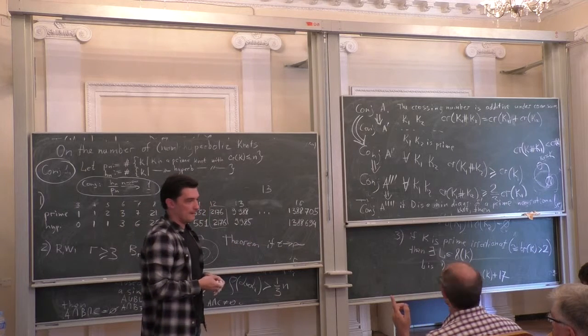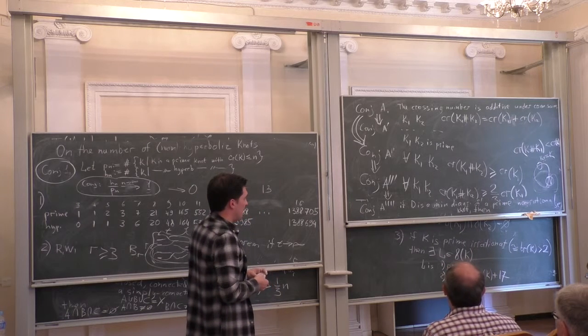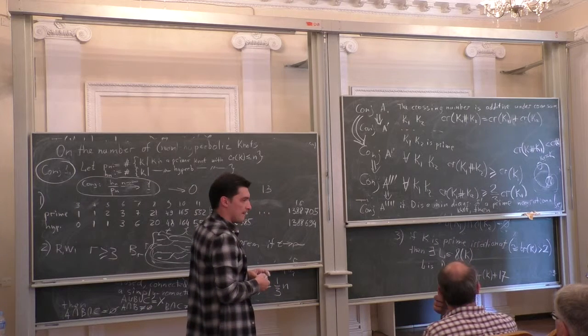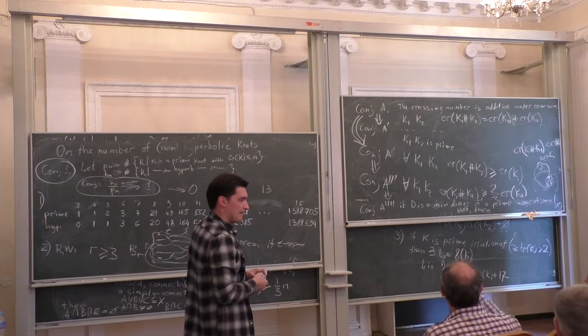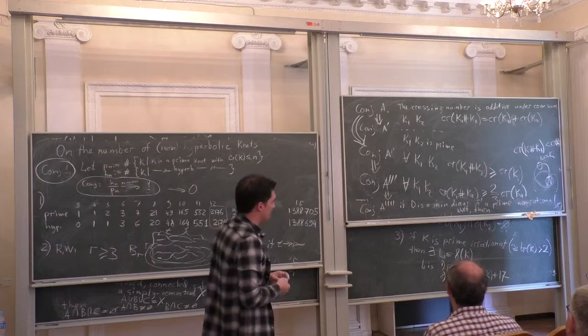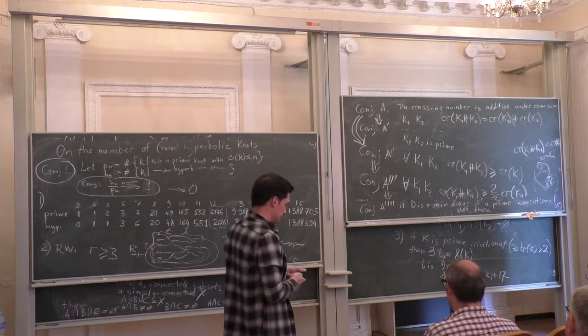Did you try to use the same approach, measuring not the crossing number, but the grid number, using grid diagrams? Because for grid diagrams, the grid number is additive if you subtract 2.